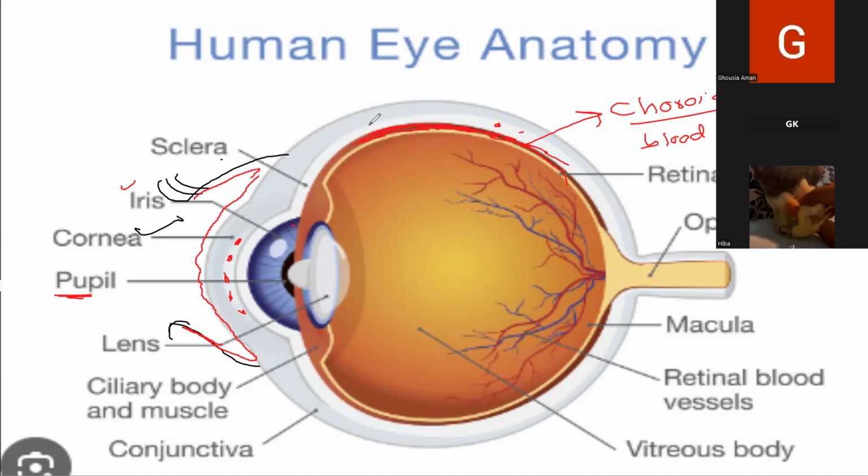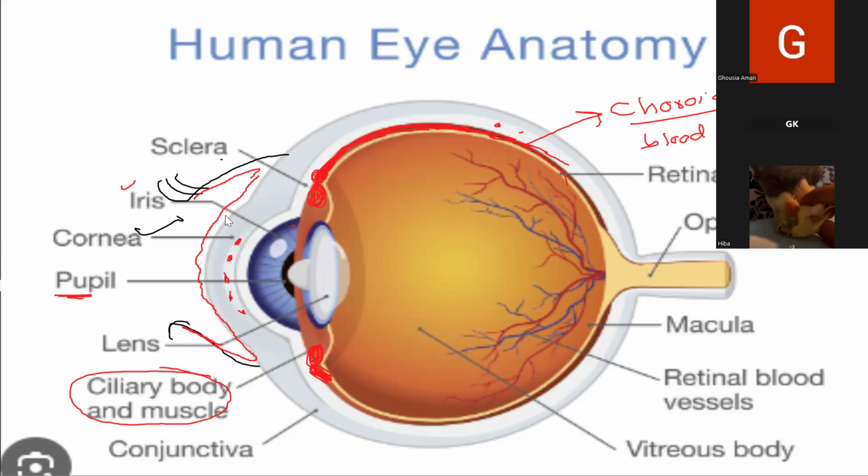Then when this choroid comes here, this spot of the choroid and this spot especially, they are called ciliary muscles.